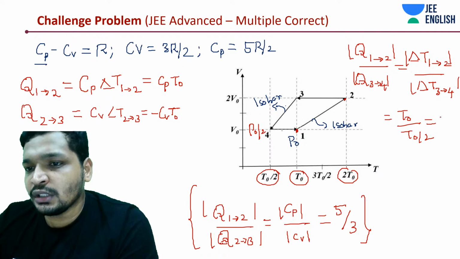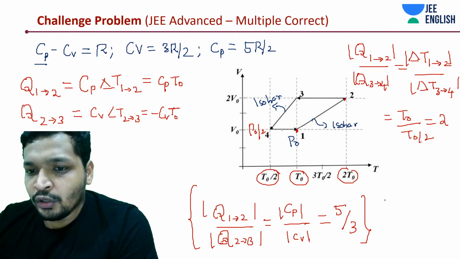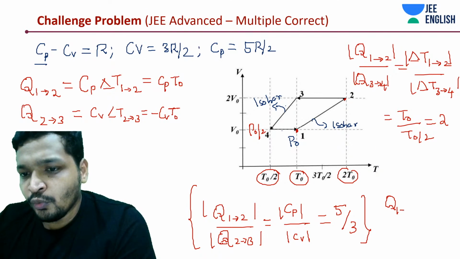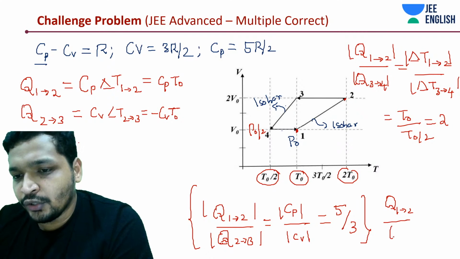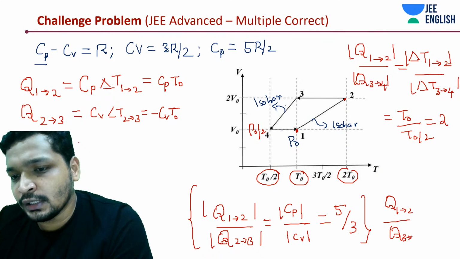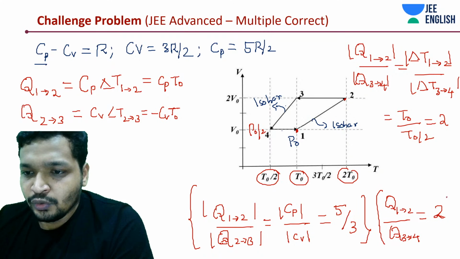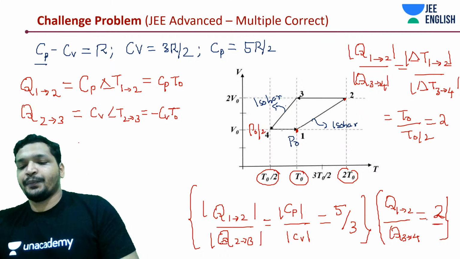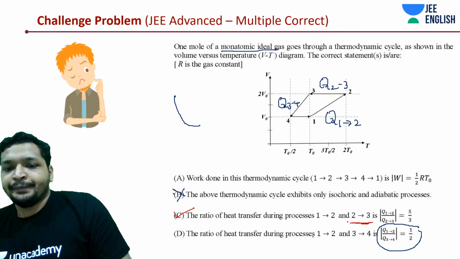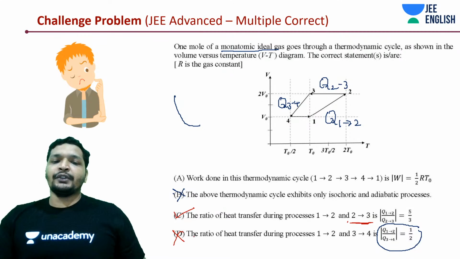Okay, so this is nothing but 2. So we also know Q1 to 2 divided by Q3 to 4 is now how much? We need not do everything, okay? Only what is being asked in the options. So this is only 2. This is wrong. This is given as 1 by 2.